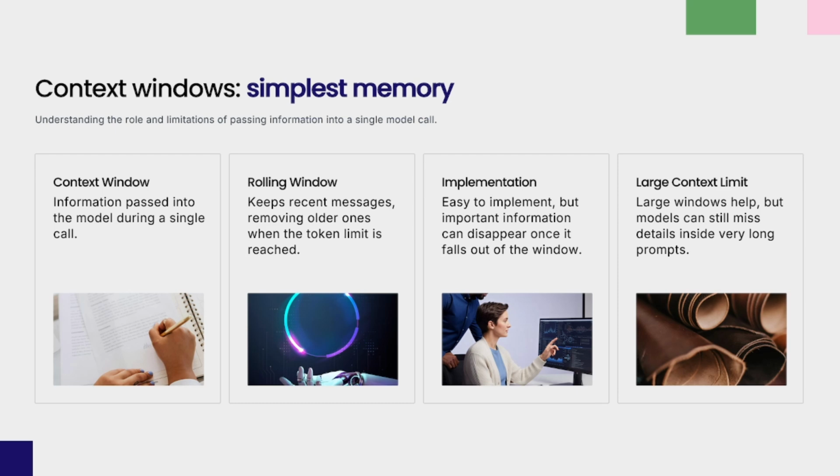Long context limits. So large windows help, but models can still miss details inside very long prompts. So make sure your prompts are short, and you can make them long when the situation demands it. But short contexts are very, very easy to manage. But when the contexts become too long, some details may be forgotten.